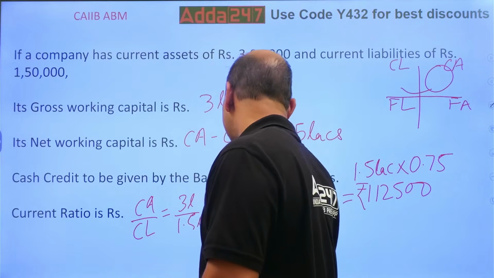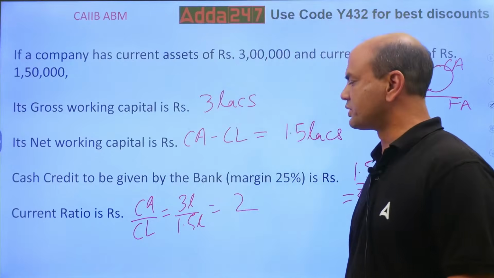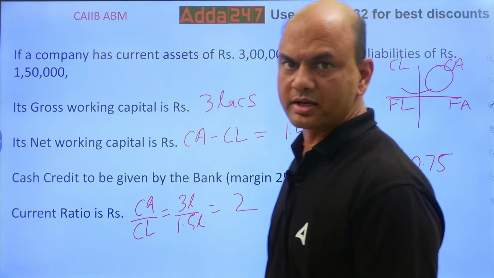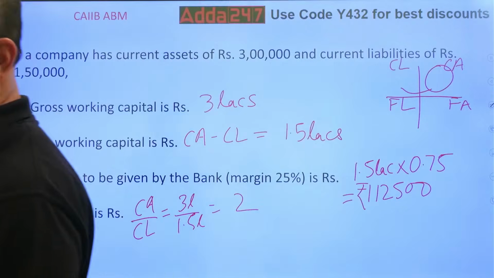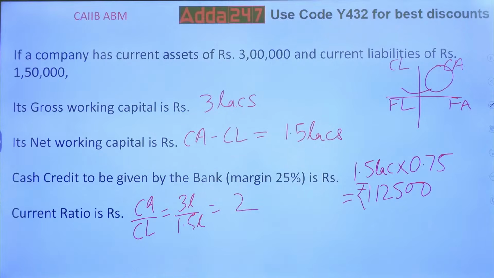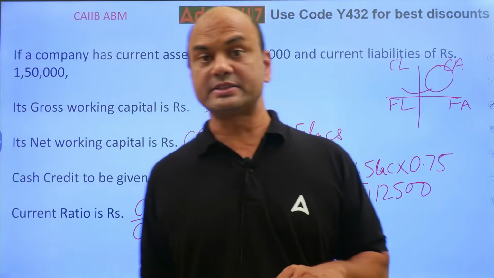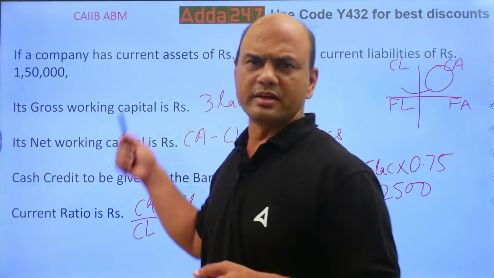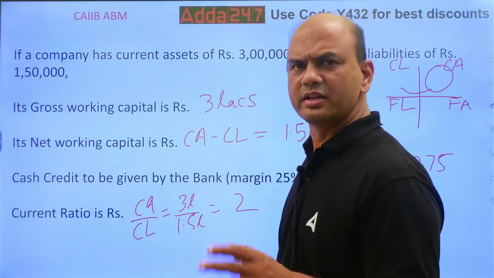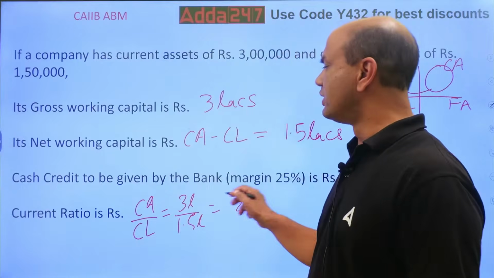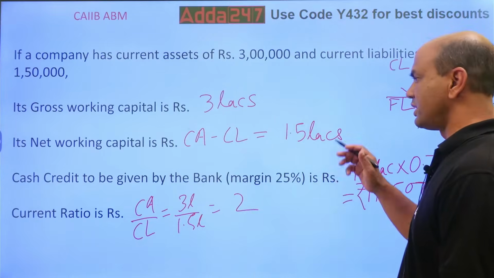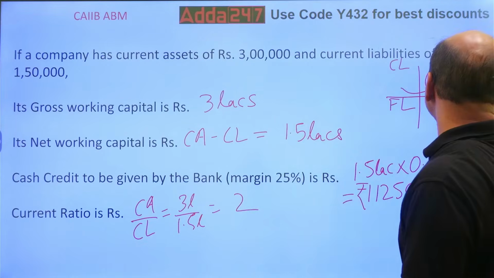So that is equal to 2. Current ratio is current assets upon current liabilities. So that is equal to 2 over here. Okay. Two ratios are very important. One is liquid ratio, and second is current ratio. Liquid ratio means liquid assets upon current liabilities. Your liquid assets are not given. So forget it. Okay. Only current ratio. Got it? Simple. Next one.